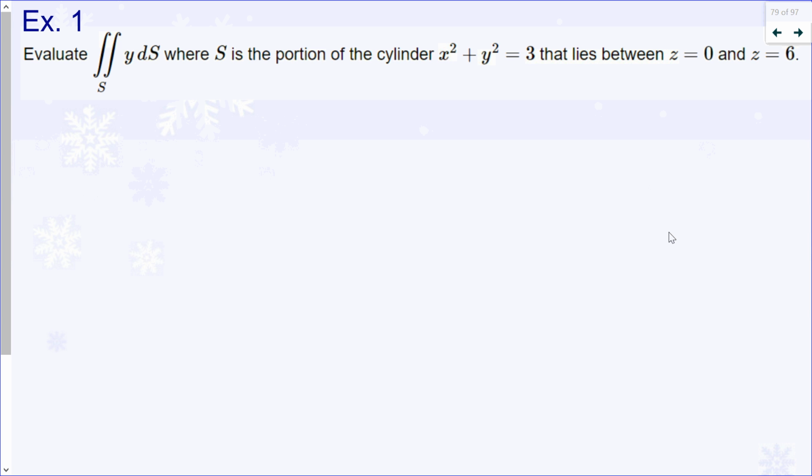So we can first begin to picture what the surface is. We have a cylinder that goes from z equals 0 to z equals 6, and it is a repeated circle of radius square root 3.